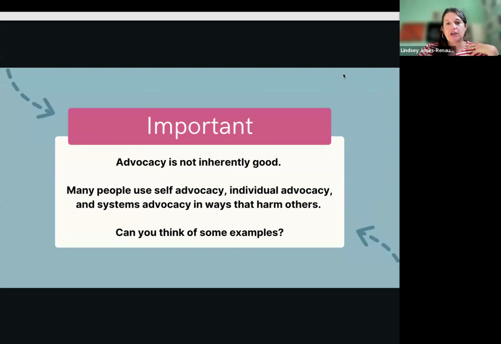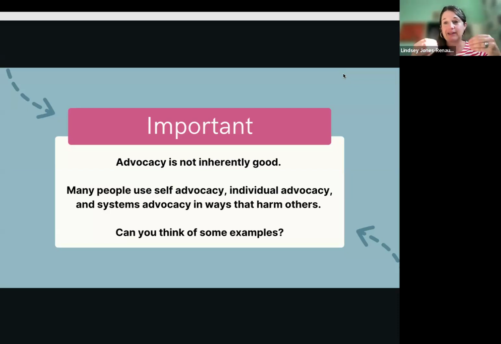I have the question here, can you think of some examples? But I add this to say that none of these techniques are inherently good. Your adversaries, people that disagree with you, or people that are trying to oppress us or you, are also often using these techniques as well.